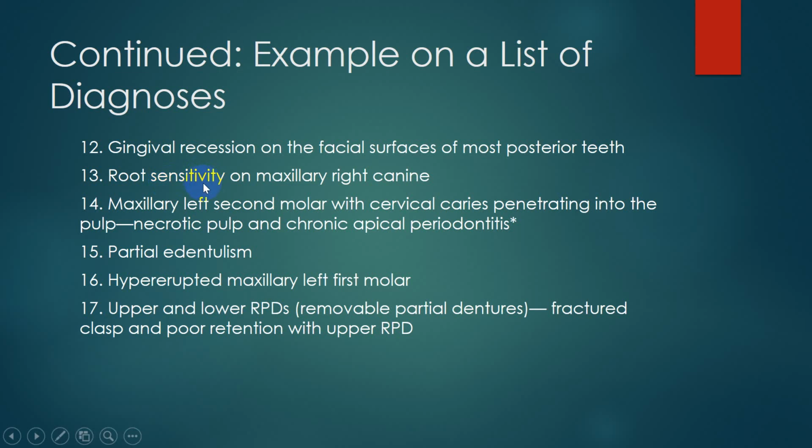Here we have root sensitivity on the maxillary right canine. There is cervical caries penetrating into the pulp. There is partial edentulism. We always have to write down or list the missing teeth, or we can say check charting.